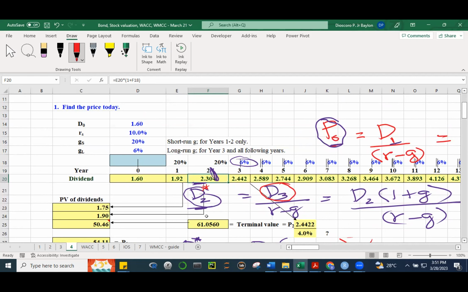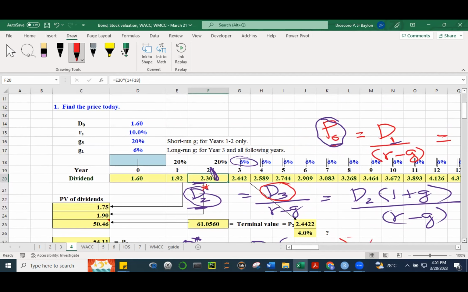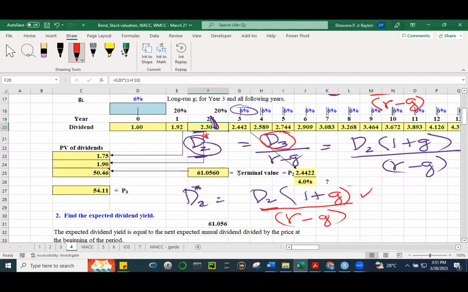So we could have just added this. No? We could have added 2.3 and 61.5. We can add them because they all belong to year 2. And then just get the present value of them. All right? Is that correct, class? We could have added 2.304 and then 61.056 and get its present value. Was that correct, class?